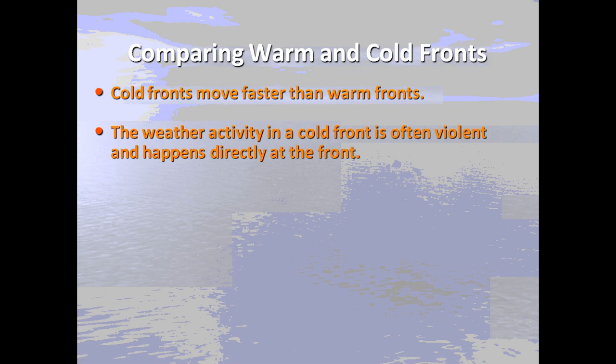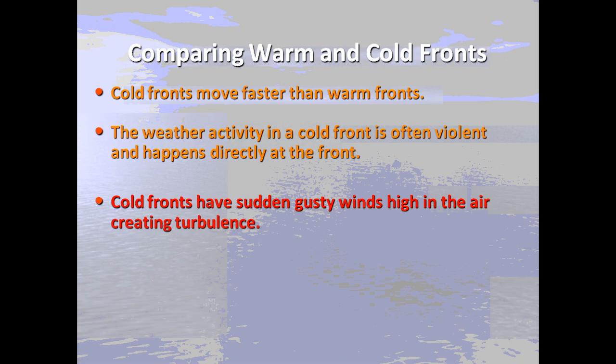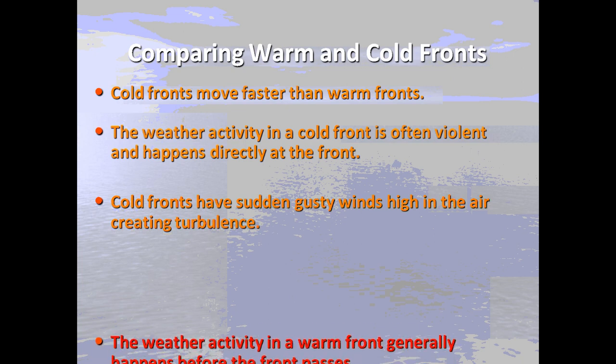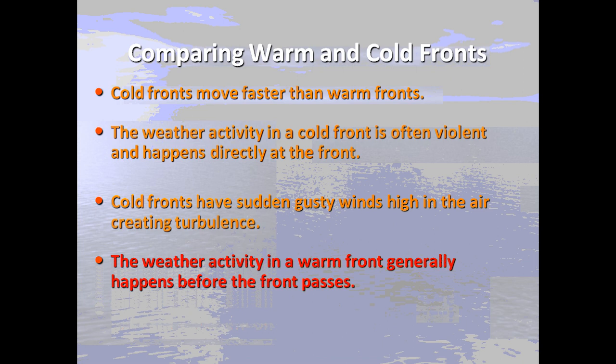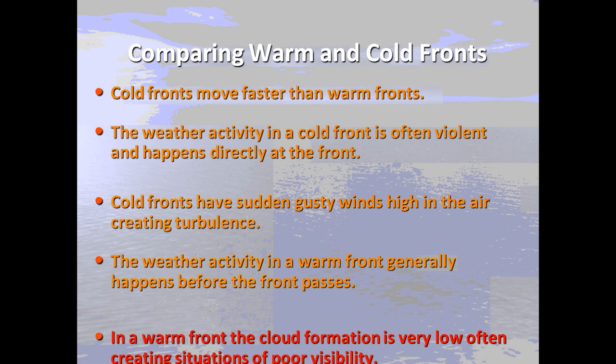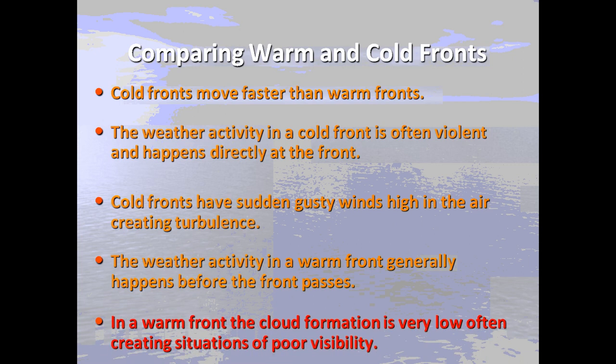Cold fronts have sudden gusty winds high in the air, creating turbulence. The weather activity in a warm front generally happens before the front passes. And in a warm front, the cloud formation is very low, often creating situations of poor visibility. So these are things that compare the warm and cold front.